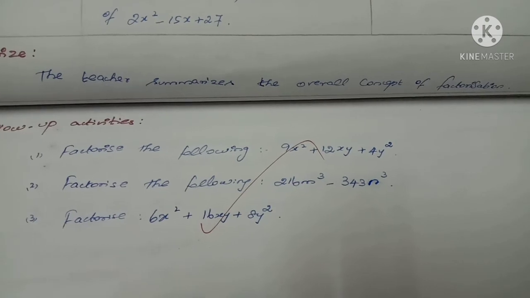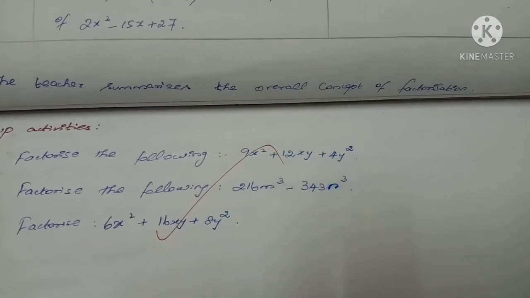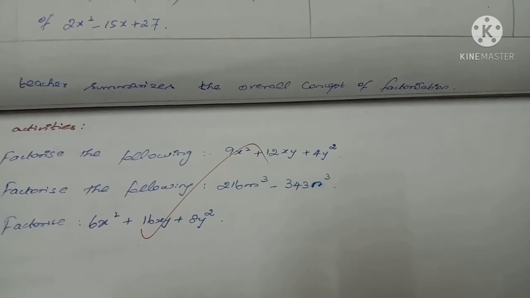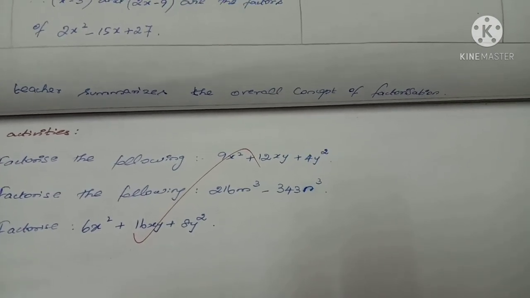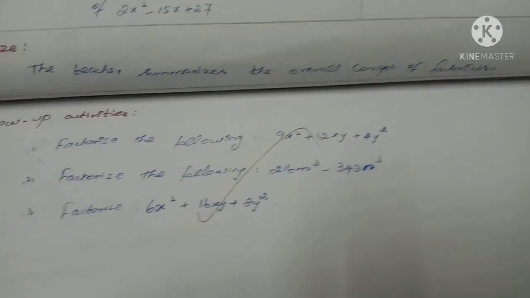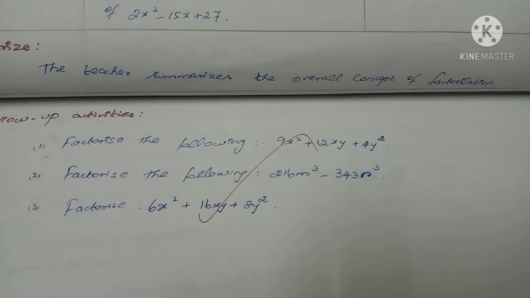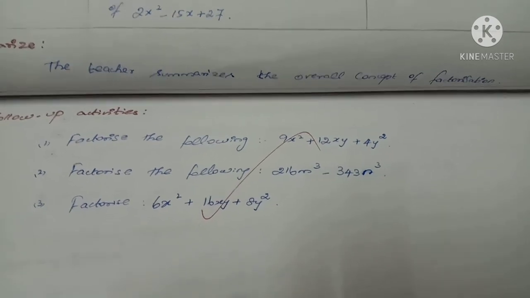Second one is factorize the following: 216 m cube minus 343 n cube. Third one is factorize 6x square plus 16xy plus 8y square.